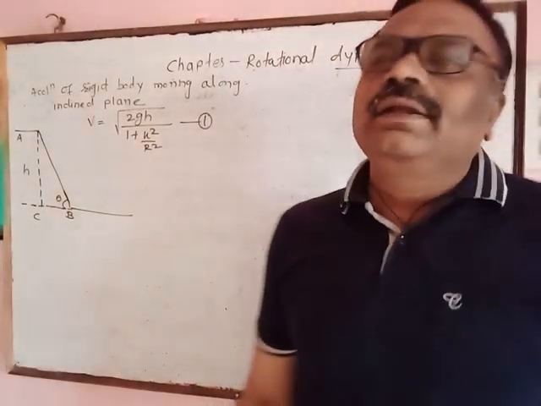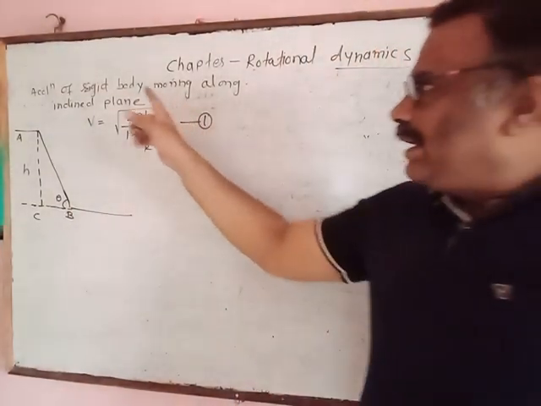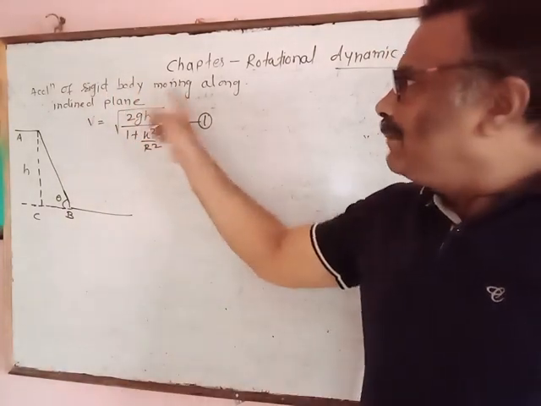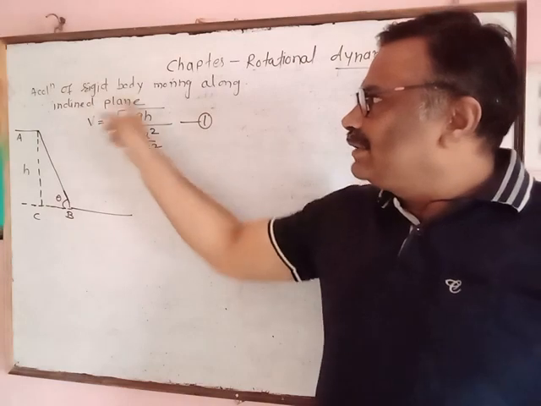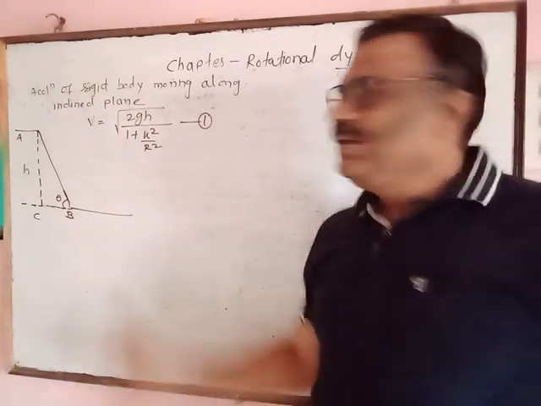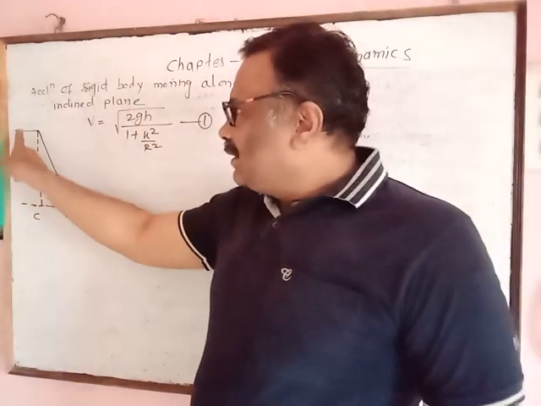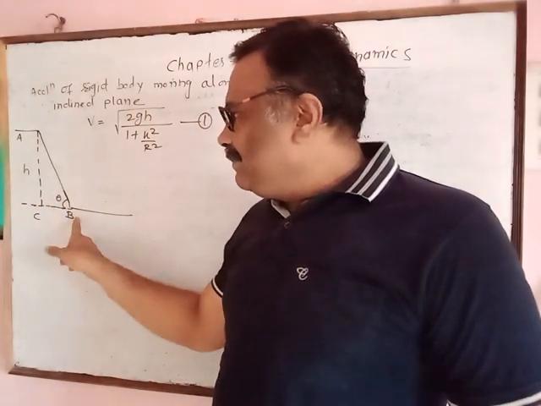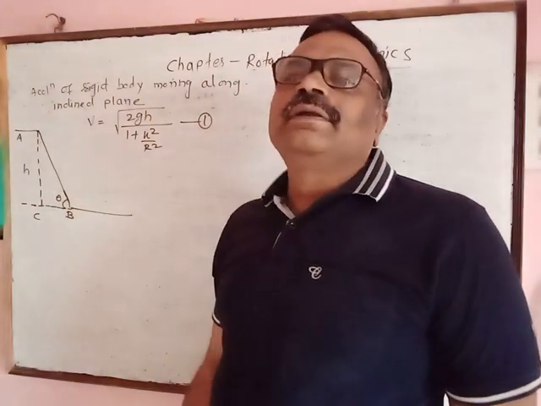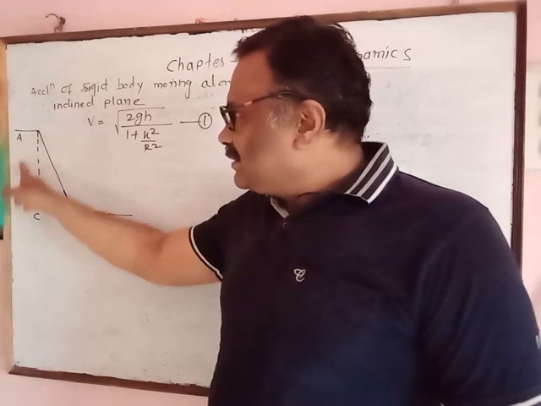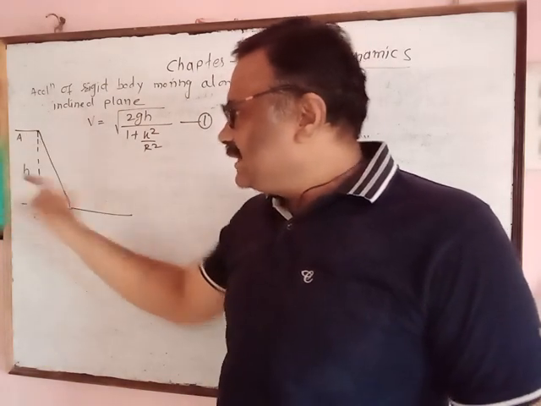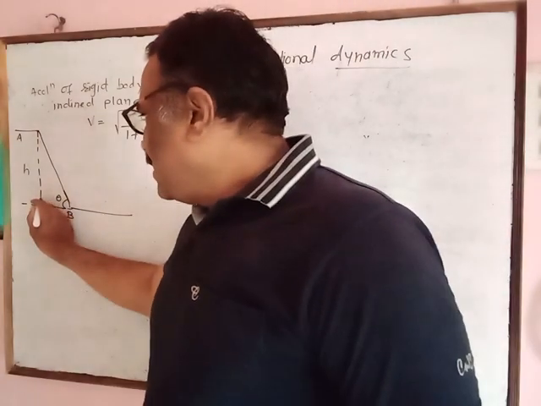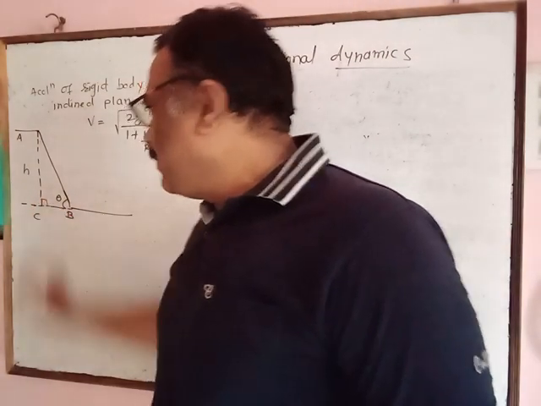Now we calculate the expression for acceleration of a rigid body along the inclined plane. In the figure, A is the top of the incline, B is the bottom of the incline. H means distance AC, and here distance AC represents the height of the top above the bottom.